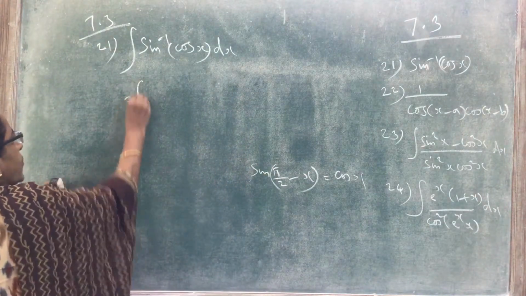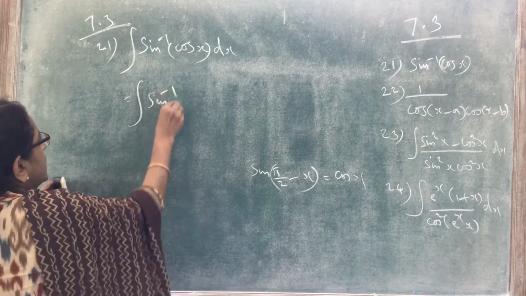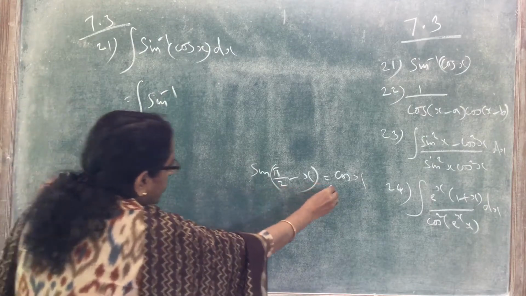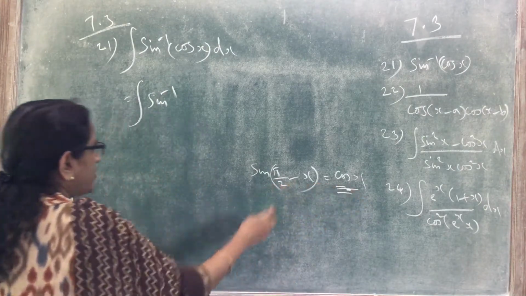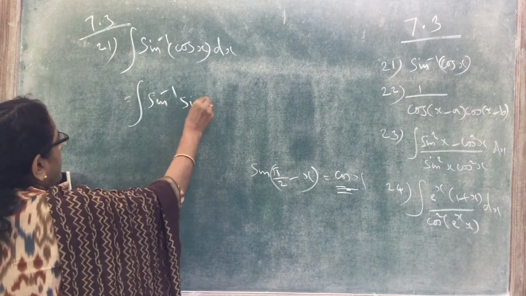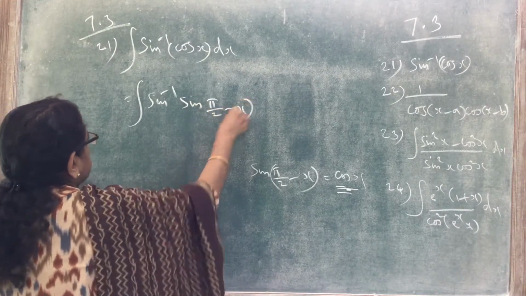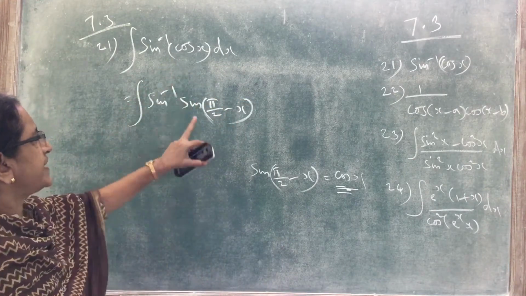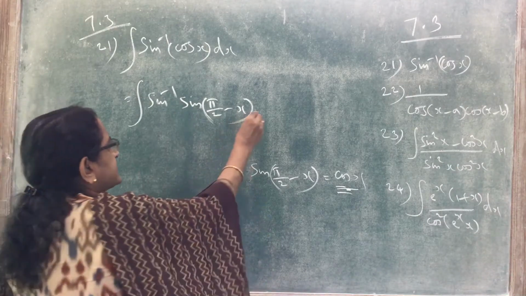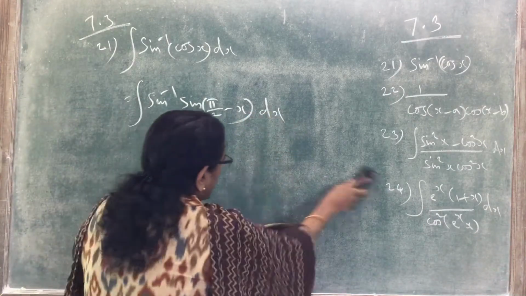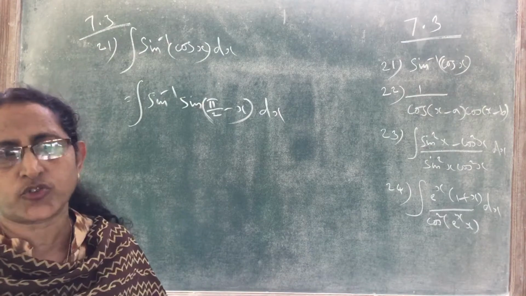So this integral, integral of sine inverse cos x, is equal to, instead of cos x, write sine of pi by 2 minus x, dx. So write cos x as sine of pi by 2 minus x.